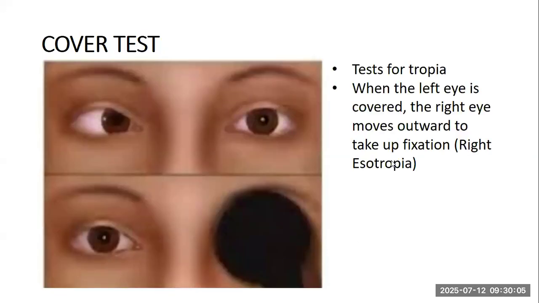So this is a picture of a patient that a cover test is being done on. The cover test is done to reveal or to evaluate a tropia. That's a manifest deviation. In the cover test, you occlude an eye as the patient is fixating, and it's done at distance and at near.